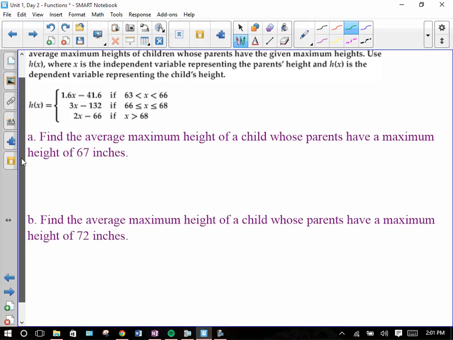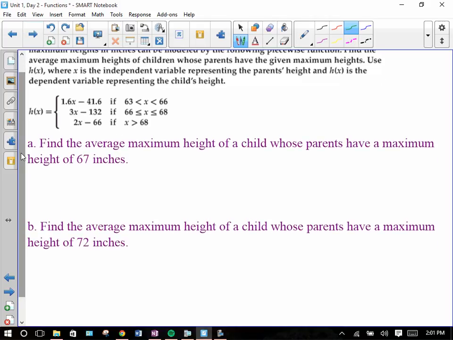So the first question says, find the average maximum height of a child whose parents have a maximum height of 67 inches. So this kid's parents have a maximum height of 67 inches.